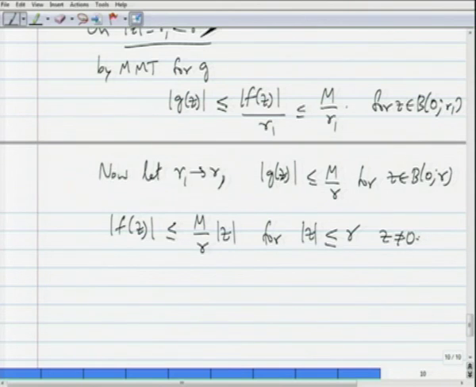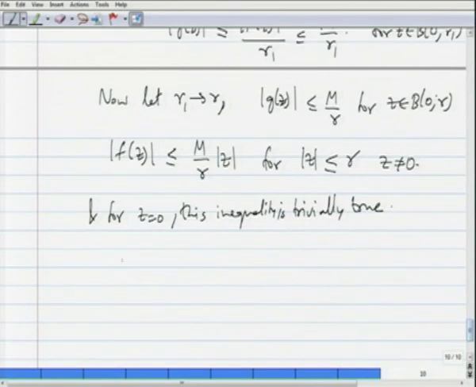Since we are multiplying by modulus of z, and for z equals 0 this inequality is trivially true because f of 0 is 0. So, all in all, modulus of f of z is less than or equal to M by r mod z for z belongs to B(0, r) bar.